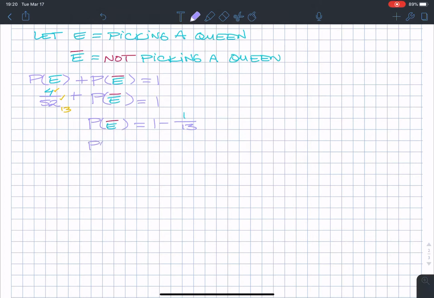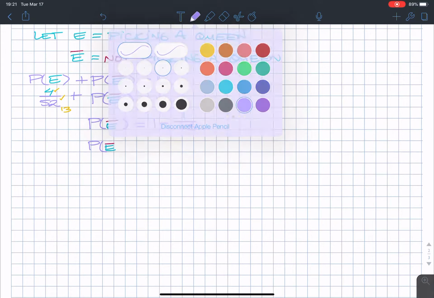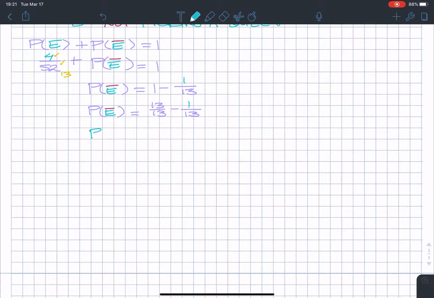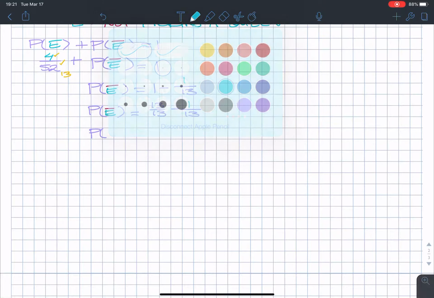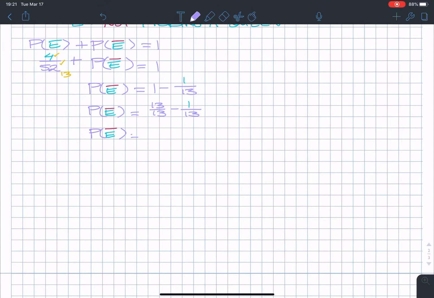So the probability of not picking a queen, or not E, is going to be 13 over 13 minus 1 over 13, leaving us with 12 over 13. So the probability of not picking a queen out of a single deck is going to be 12 out of 13.